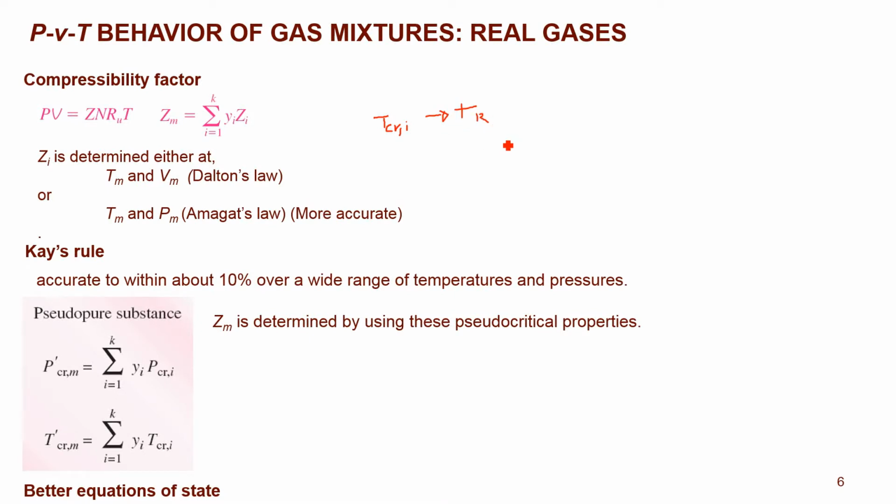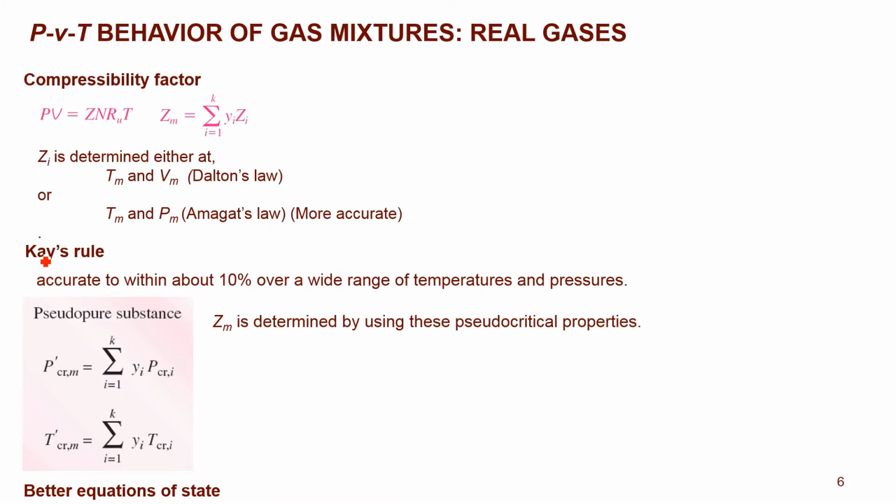Then we use figure A15 to get the compressibility factor for each individual component gas, and we add them together using the shown equation to get the compressibility factor of the mixture. So the compressibility factor of the mixture is kind of the weighted average of the component gases, weighted by the mole fraction.